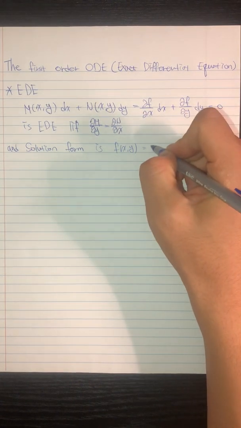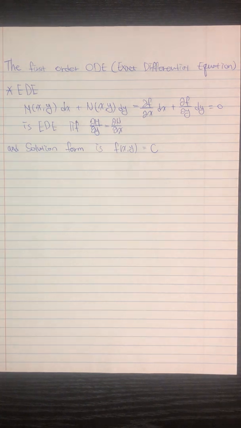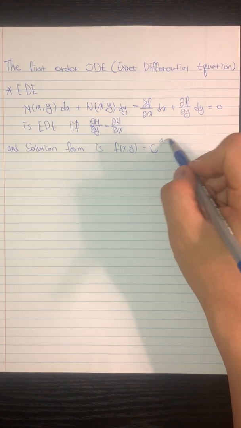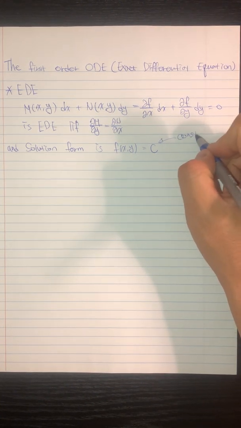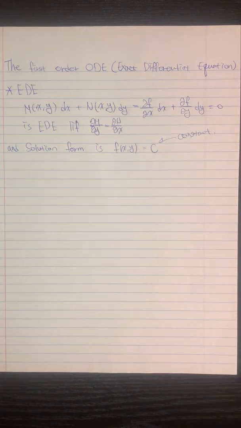f(x,y) equal to a constant, right? This guy is constant. So this is the theorem of the exact differential equation.